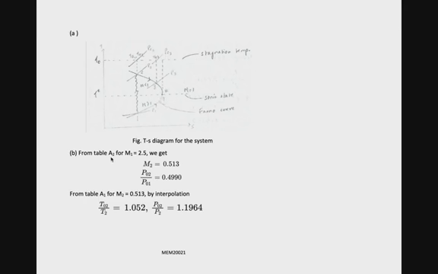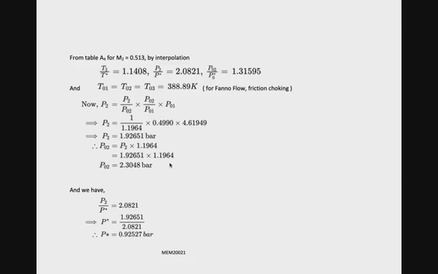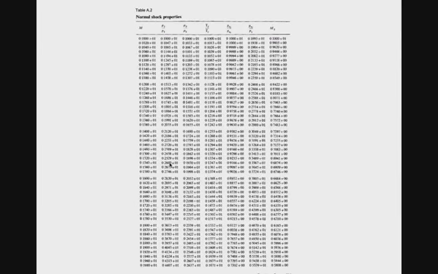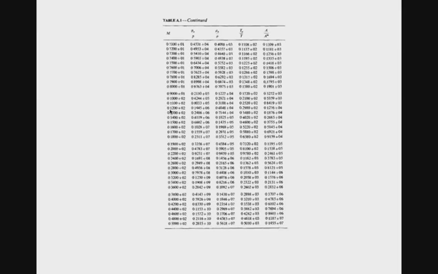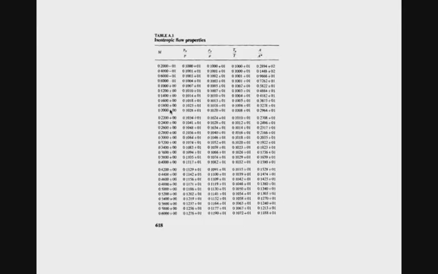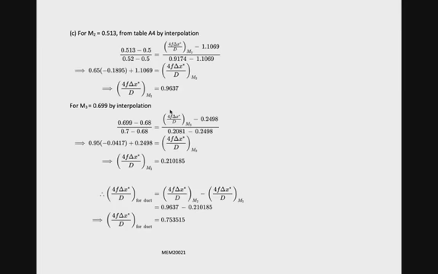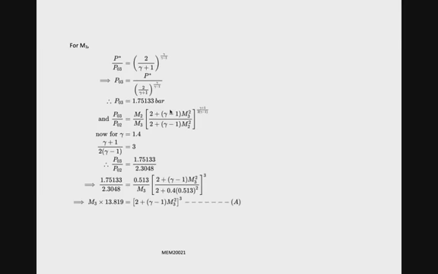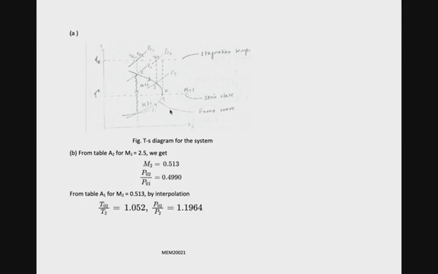Now coming to the second part of the question, from table A2 for M1 equal to 2.5, we get M2 equal to 0.513. We choose table A2 because it is for normal shock properties, and M1 travels across a normal shock to flow through the duct.